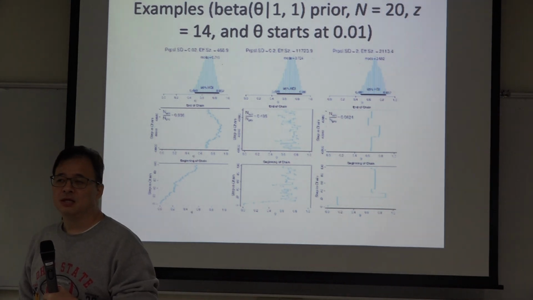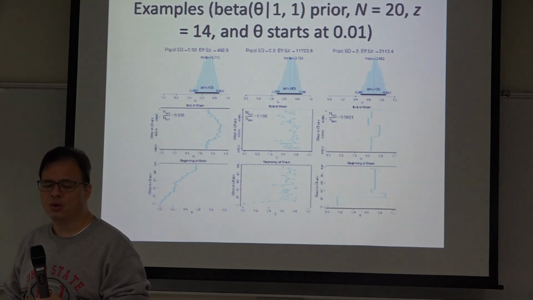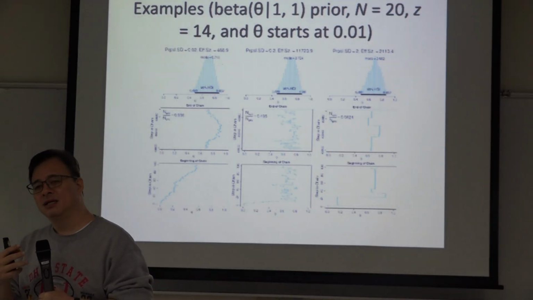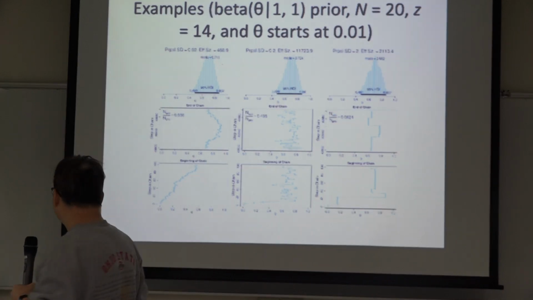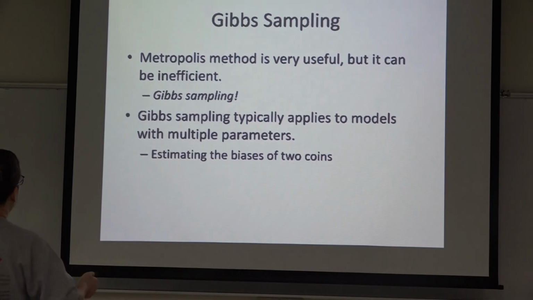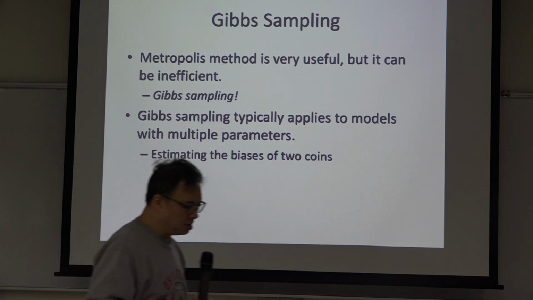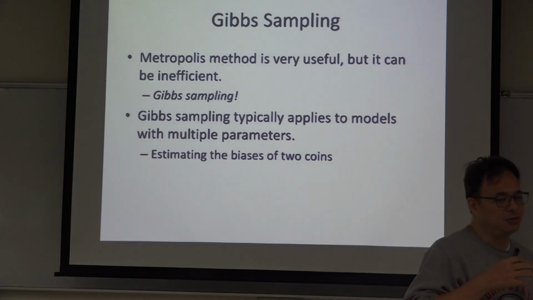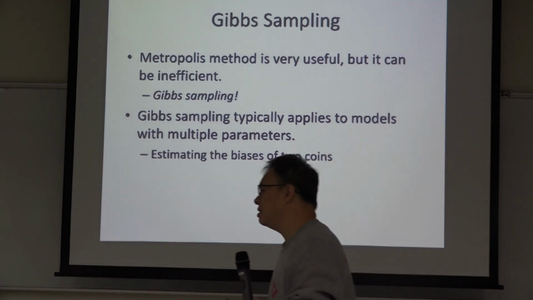So for every 4 samples, we get only one independent sample, pretty much. That is exactly what I meant. The Metropolis method, even though it's very useful, can be inefficient, because every 4 to 5 iterations, it only ends up giving you one independent sample.